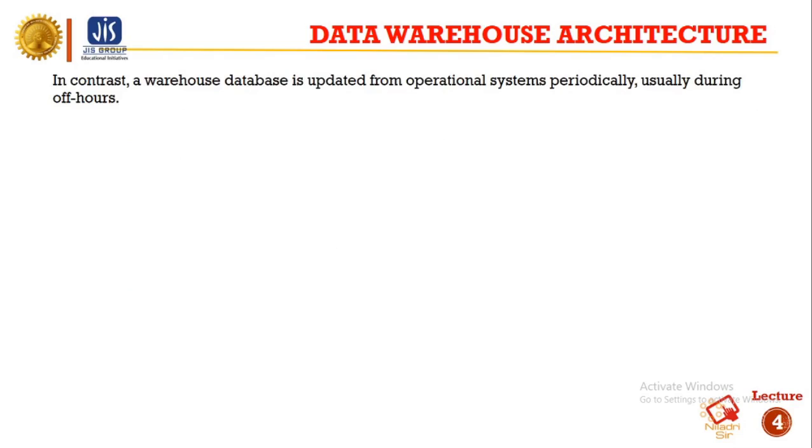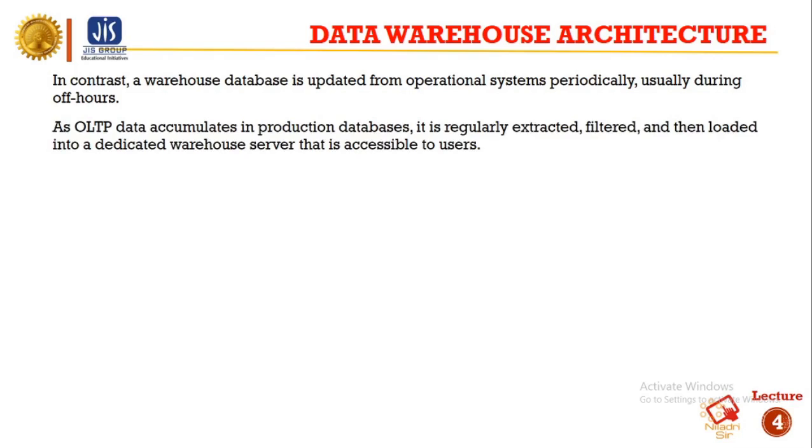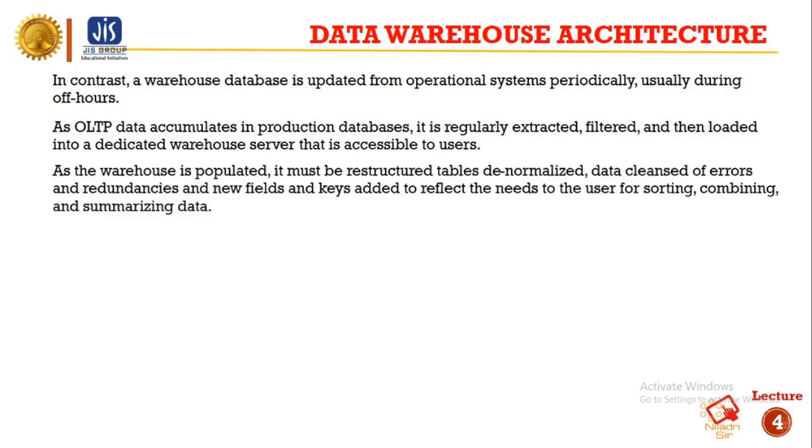In contrast, a warehouse database is updated from the operational systems periodically, usually during off hours. As OLTP data accumulates in production databases, it is regularly extracted, filtered, and then loaded into a dedicated warehouse server that is accessible to the users.